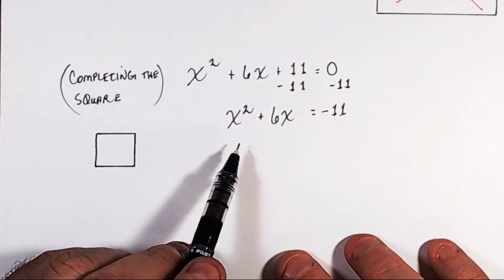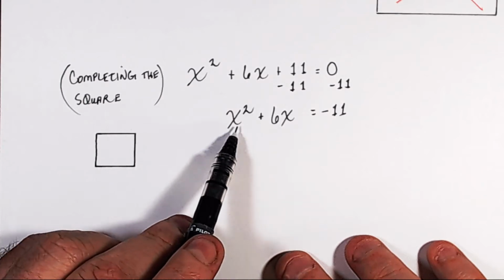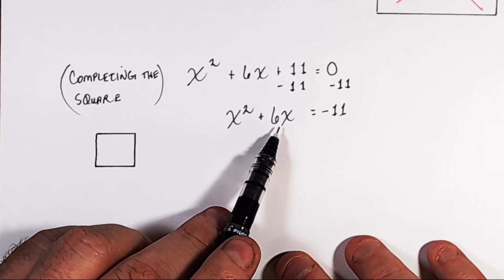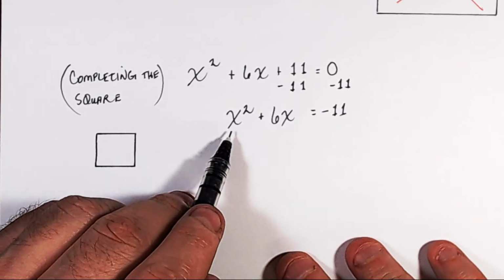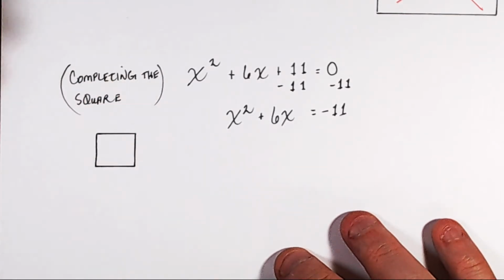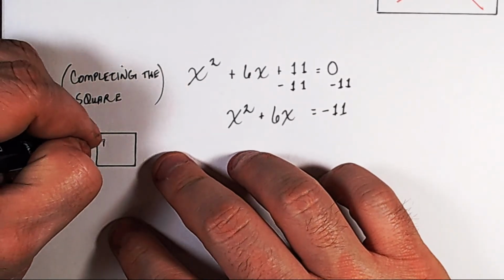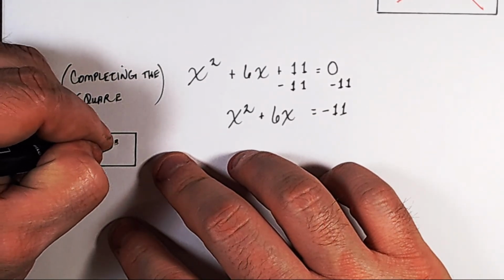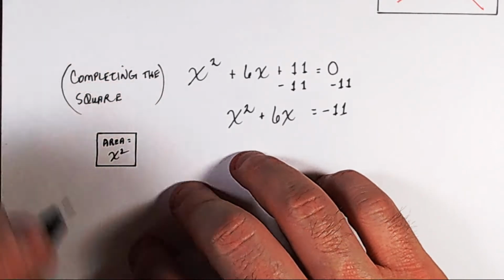So here's what we're going to do. We are going to draw shapes to represent these two terms, x squared and 6x. So my first shape is going to represent x squared. And how would I create a shape with x squared? What it means is the area of this shape is going to equal x squared.